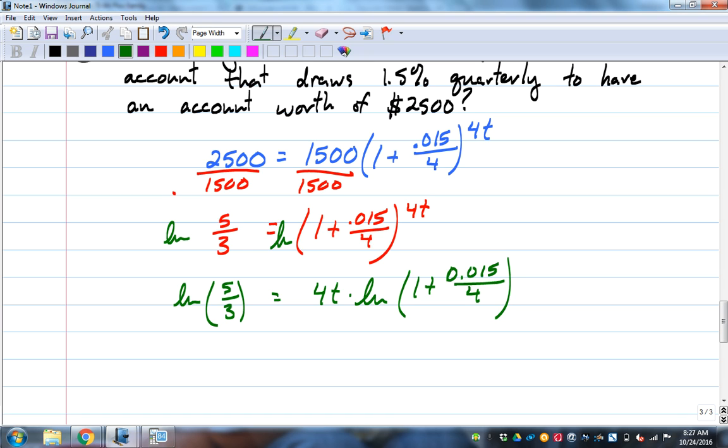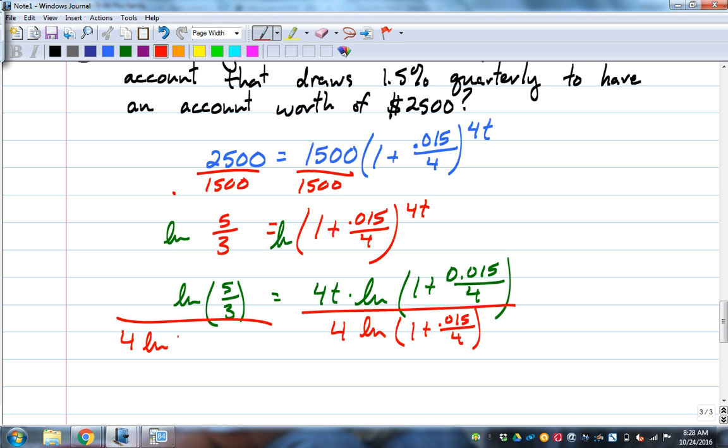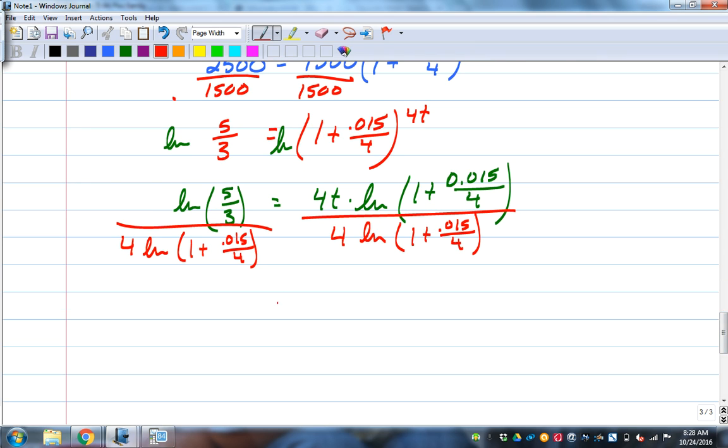Now I've got natural log of a number. This is natural log of a number. I've just got to get the t by itself. So what do I divide by to get t by itself? Not just 4, but 4 times the natural log of this stuff. It's like solving a logarithmic equation or an exponential equation, is what you're doing here.